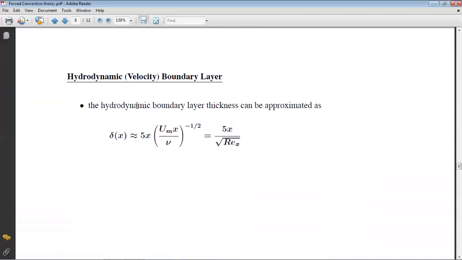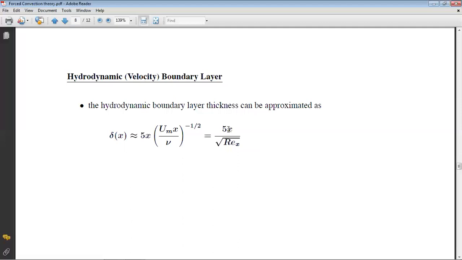The hydrodynamic boundary layer thickness can be calculated as a function of x, where x is the length at which you need to calculate the boundary layer. x could be L by 2.